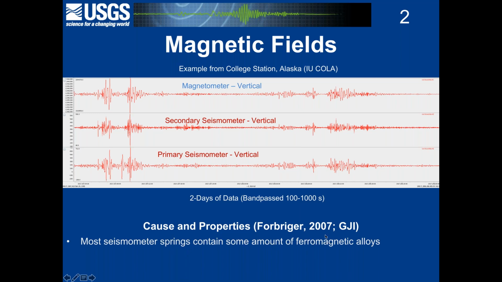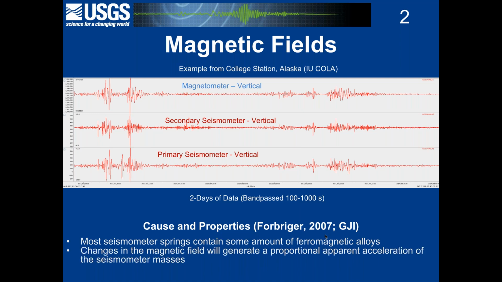So what that means is that the springs often have some type of small remnant magnetism imprinted in them, where the domains within the actual springs are aligned in some preferential direction. So then when they have a magnetic moment, when you see changes in the magnetic field, you generate an apparent acceleration on the seismometer masses proportional to the magnetic field.